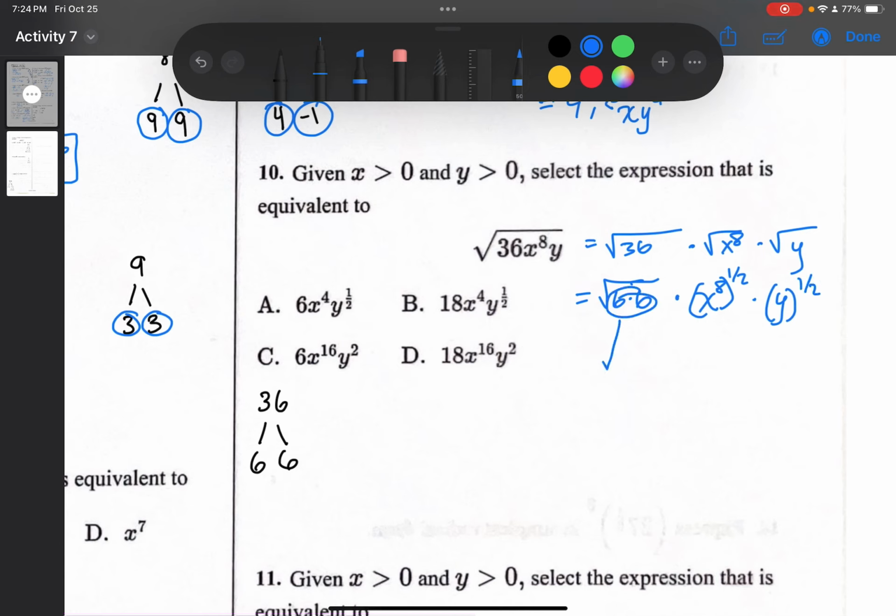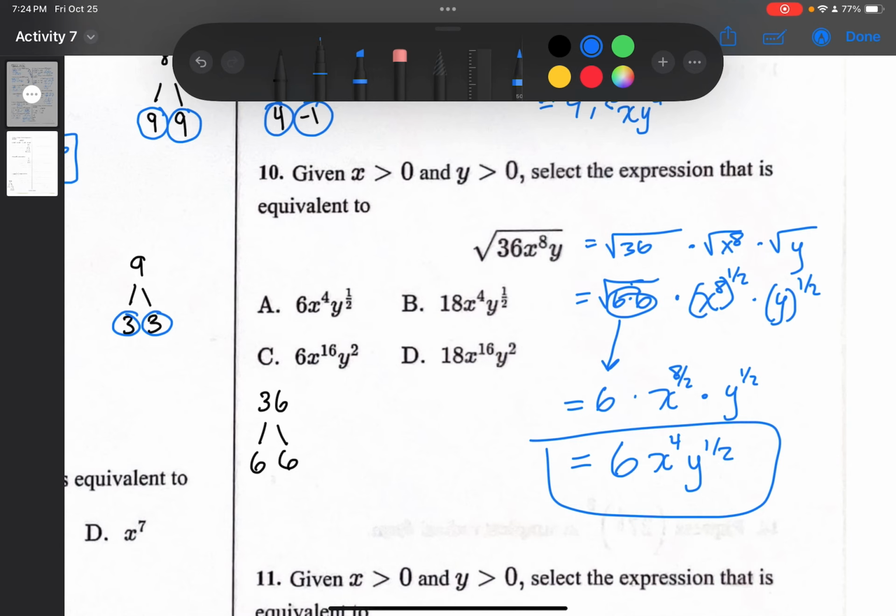We found that pair, we take it out, so we have a 6. And this is the same as 8 over 2 and y to the half. Now we can simplify this once more, which we do see as an answer right over on A.